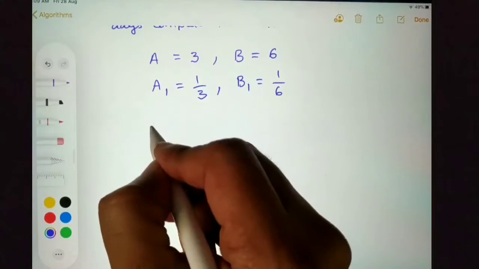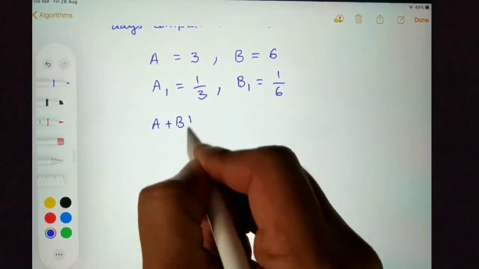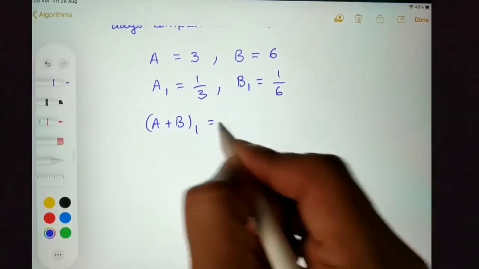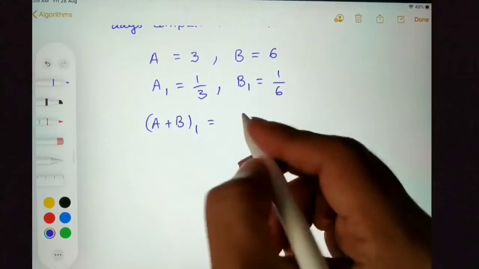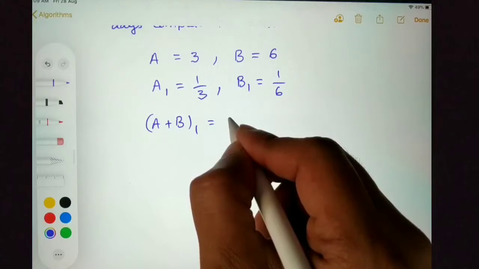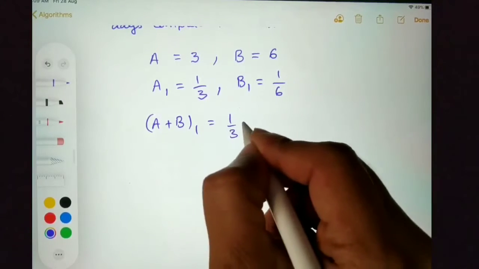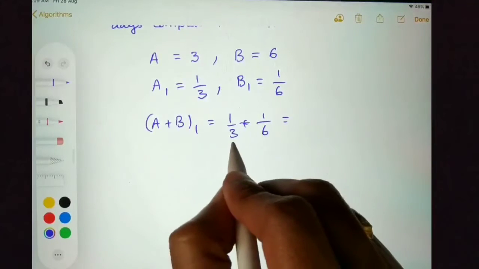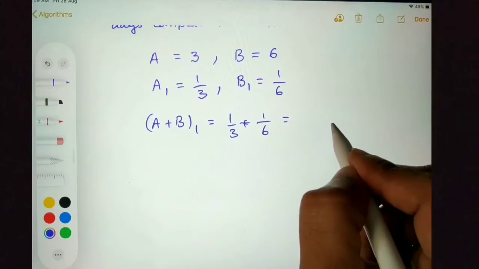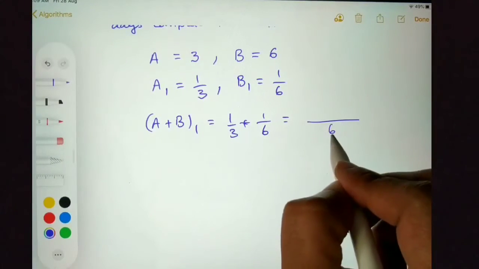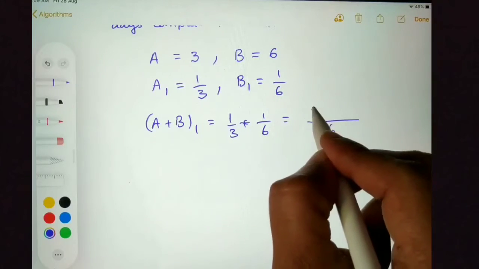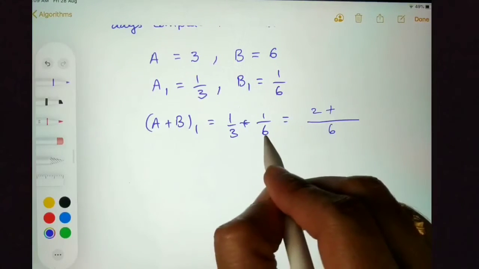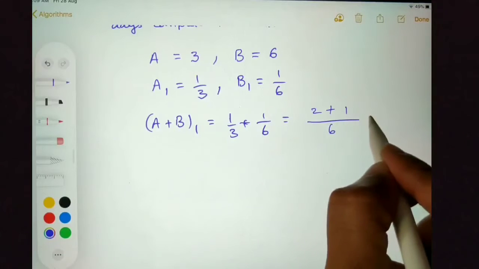Now A plus B's 1 day work will be, A's 1 day work is 1 by 3 and B's 1 day work is 1 by 6. If we take LCM of 3 and 6, it is 6. 6 divided by 3 is 2 plus 6 divided by 6 is 1.